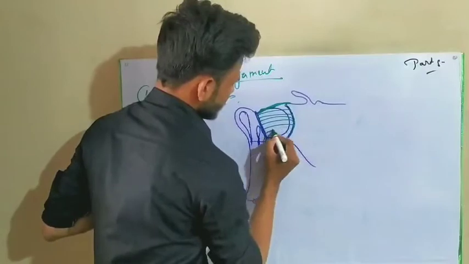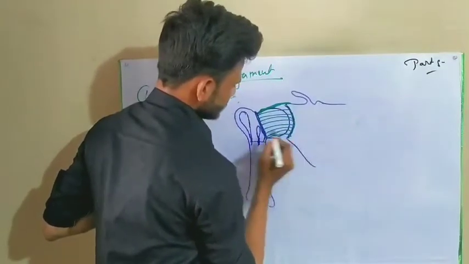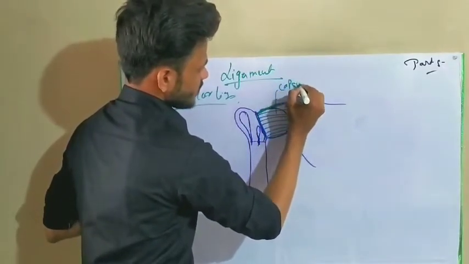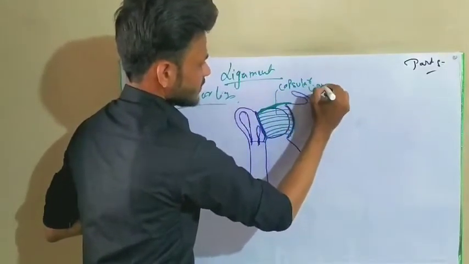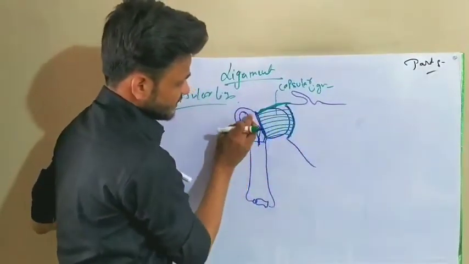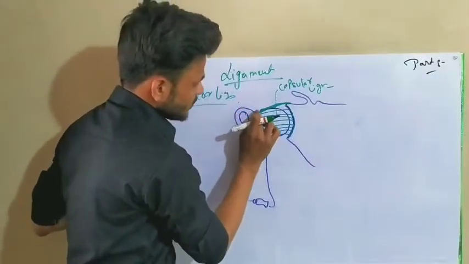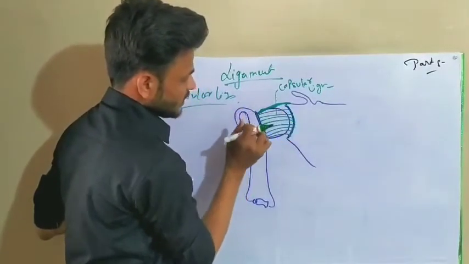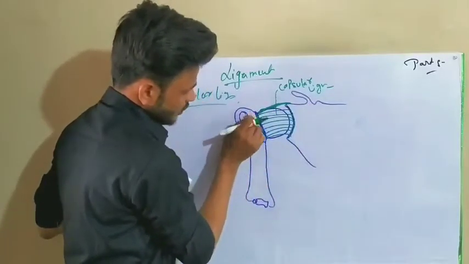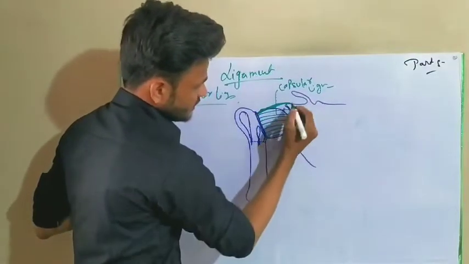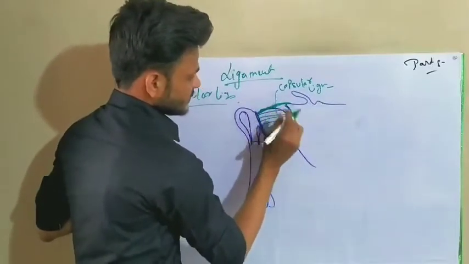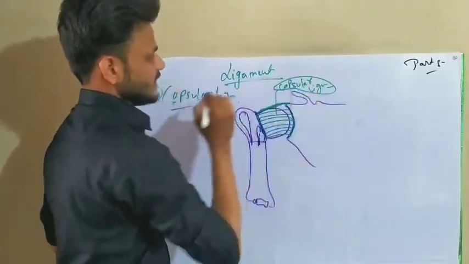That's why it is called the capsular ligament. It is attached on the humerus to the superior margin of the head and along the anatomical neck, and on the scapula along the margin of the glenoid cavity, and forms a capsule.